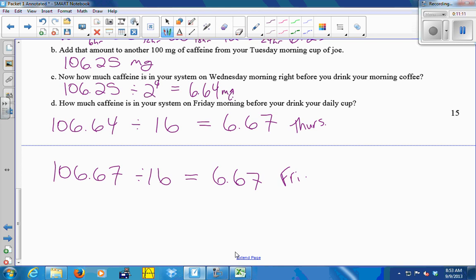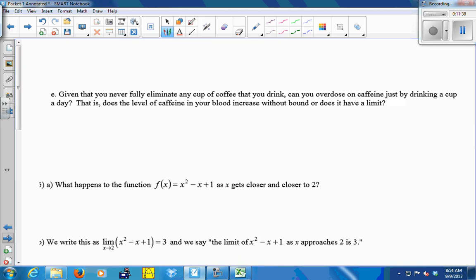Yeah, there's a limit. And that limit looks like it's about 6.67 because we got 2 days in a row. Yeah, for 100 milligrams. 2 days in a row, that was the amount left over after 24 hours. So if you drink 100 milligrams a day, you really are experiencing about 106.67 milligrams a day as the limit in how much caffeine your body is handling.